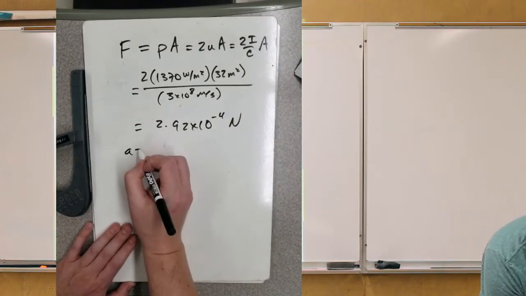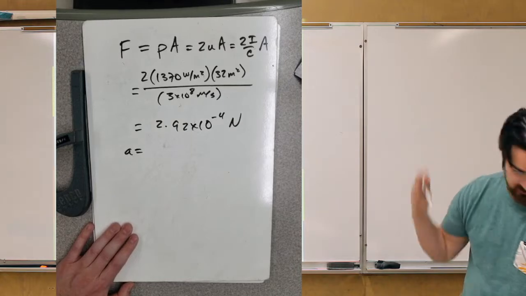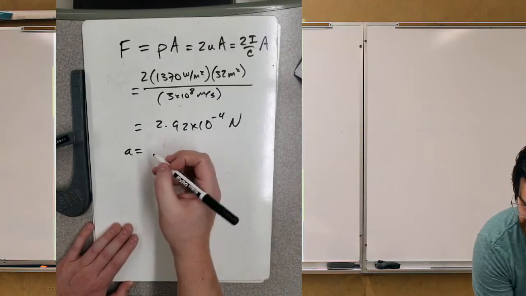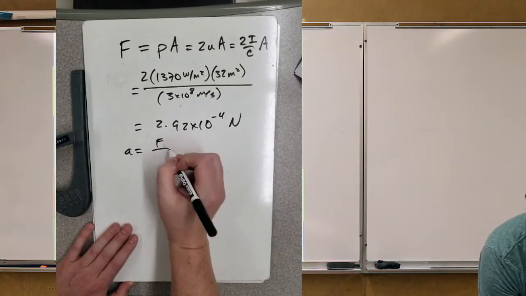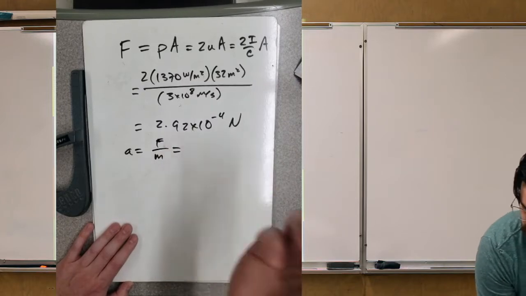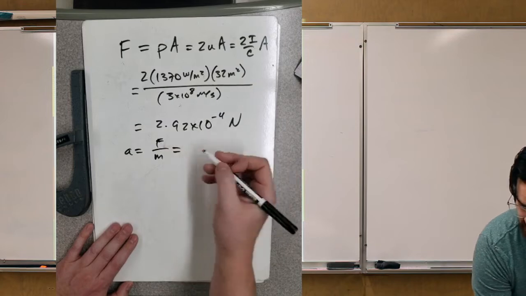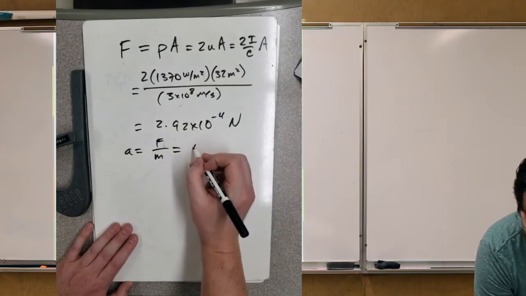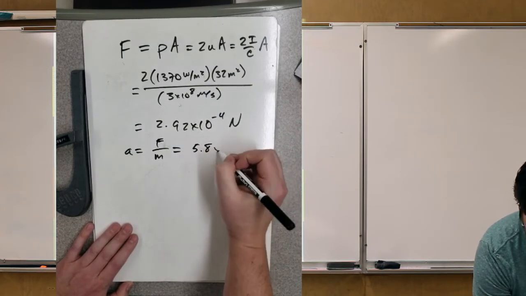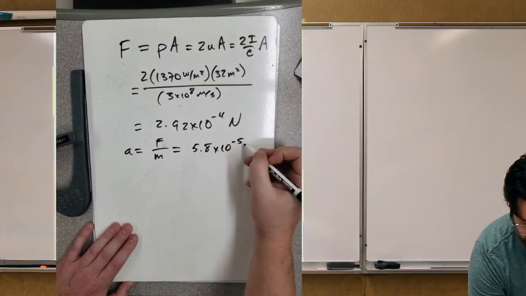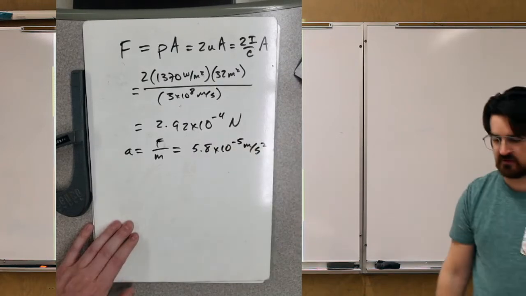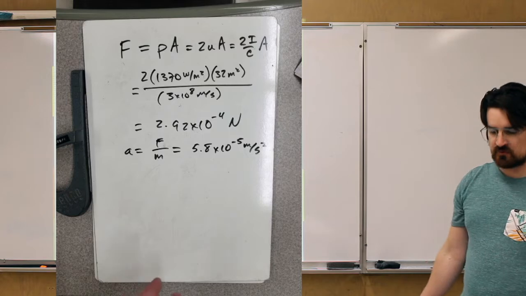What about then the acceleration that this 5 kilogram spacecraft would experience? Well, it's that force over that mass. So you just divide that by 5, and you get 5.8 times 10 to the minus 5 meters per second squared. Again, pretty small force.